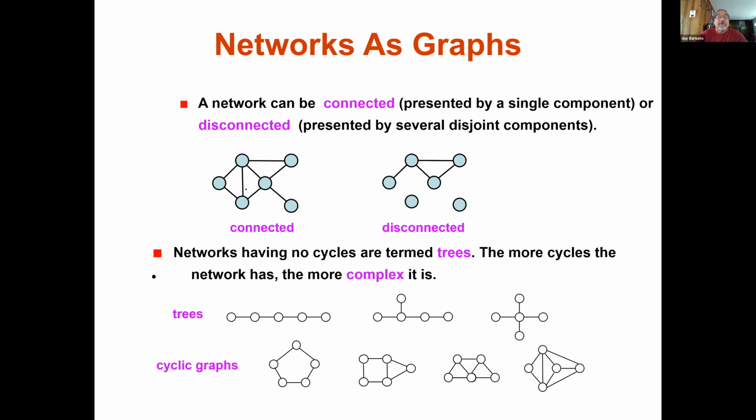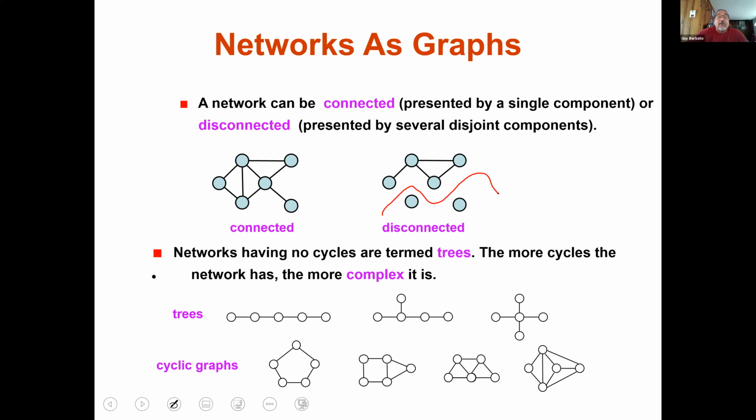Obviously, your network can be connected. And again, you could see this is just a 6-member node, and they can be connected by all the different edges or links, or they can be completely disconnected. That is, in this one, for example, there are elements of the graph that are disconnected. Any of the networks that have no cycles are called trees.